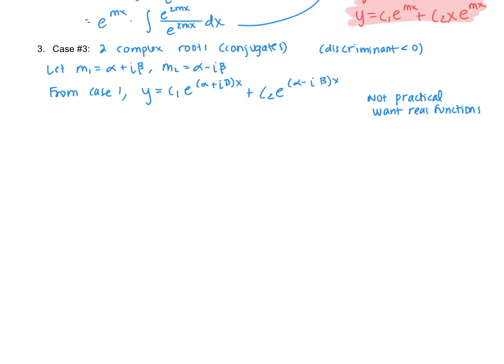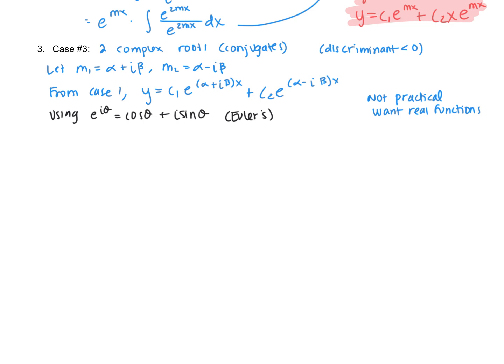Okay, so if we want real functions, then the question is, where do we go from this? And this is where we're going to go back to that background in the beginning of the video. So we're going to use this idea that e to the i theta is equal to cosine of theta, add i sine of theta. And remember, this is Euler's formula.